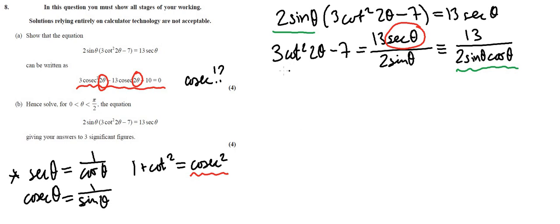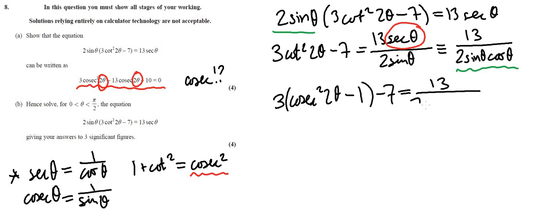So that means that I can say that 3 cotangent squared 2 theta is the same as 3 cosec squared 2 theta minus 1. And then I have my minus 7. And over here, I've got my 13 over my double angle. Okay, so now I've got a cosec squared 2 theta. Good, that's one of the things that I want.